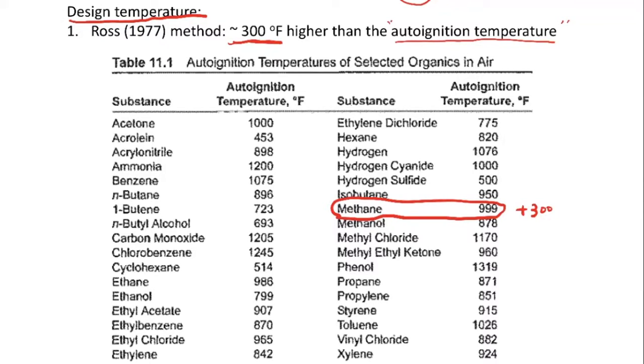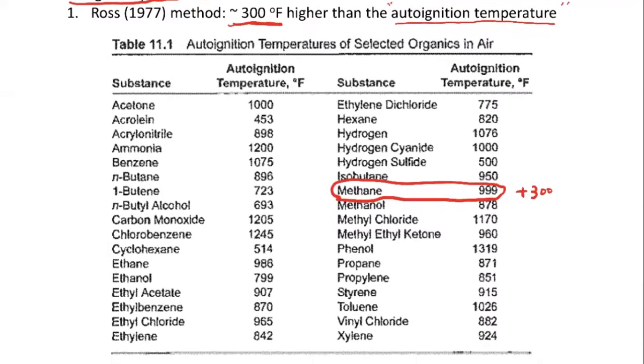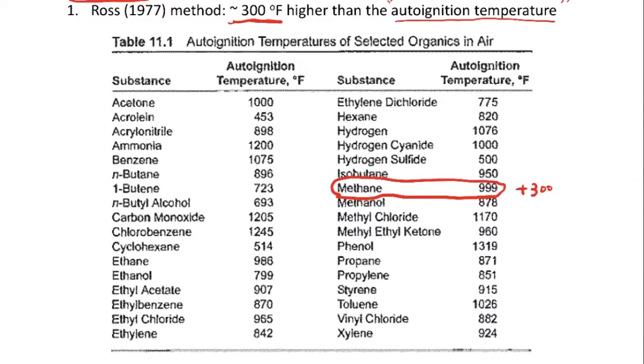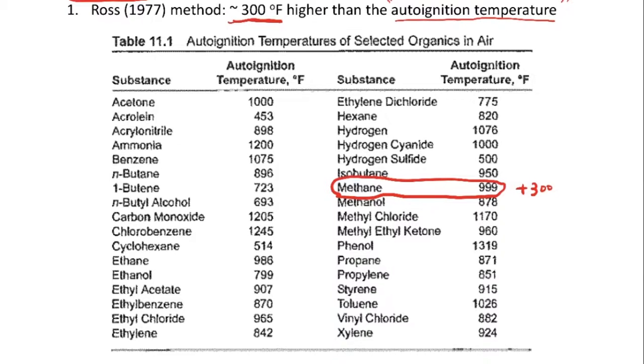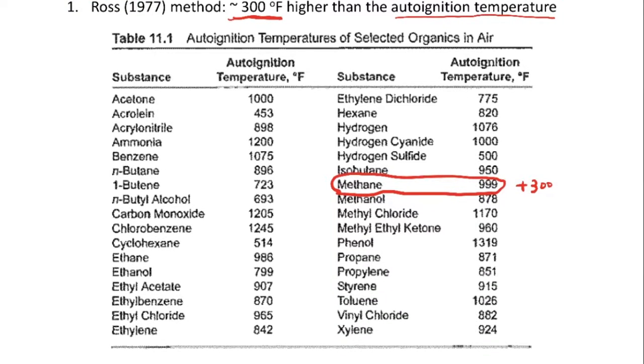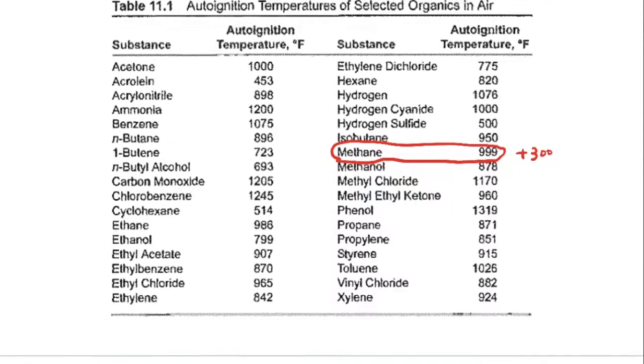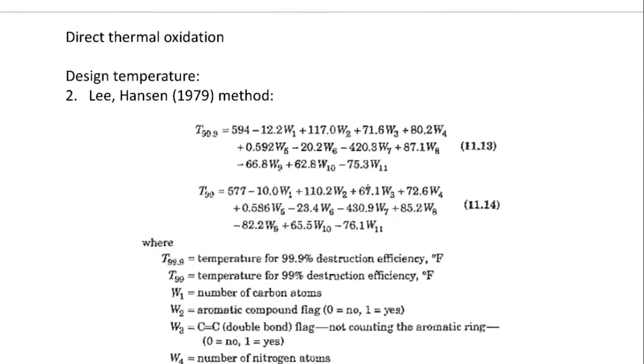So this is the Ross method, which is quite straightforward, right? But we all know that the simplest method might not be the most accurate method. So that's why people are also practicing other methods to do more accurate calculations, okay?